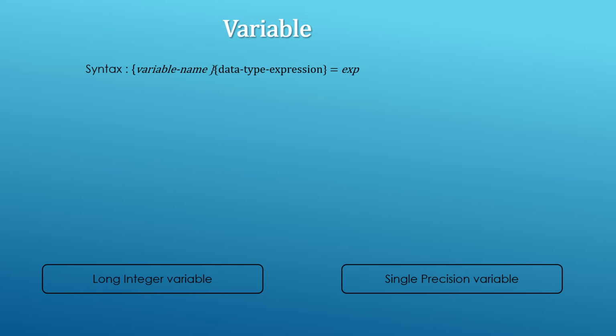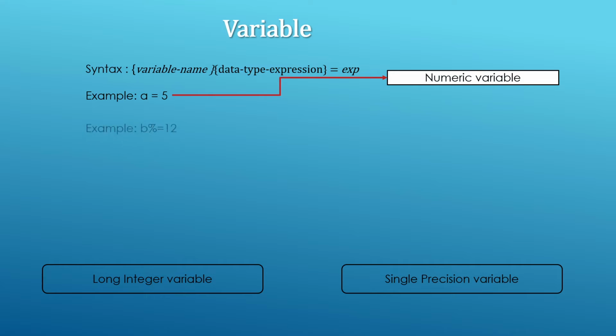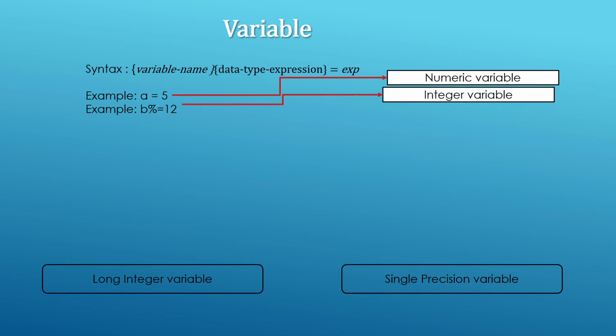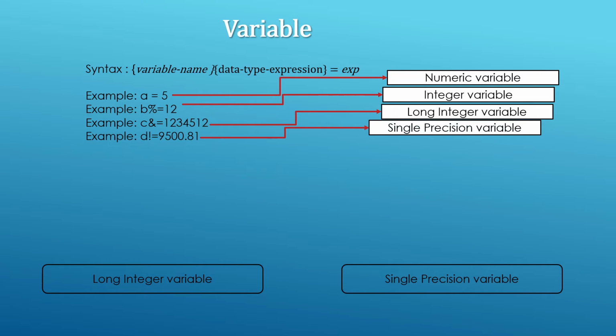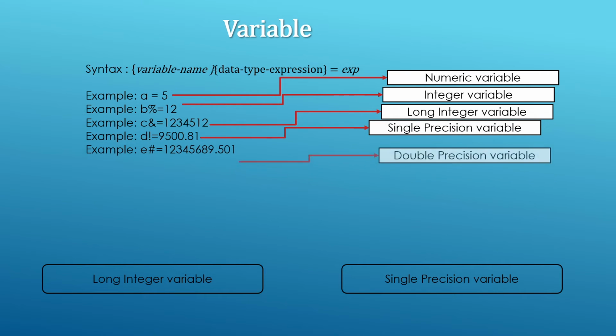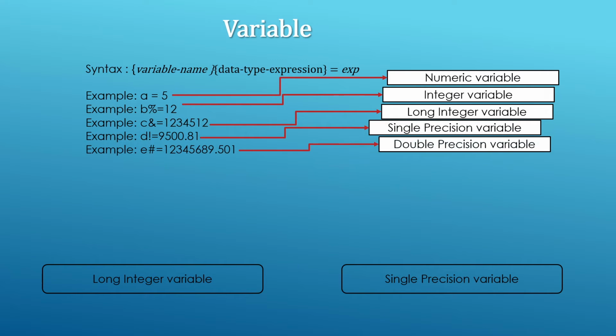The variable must be declared with the variable name and the data type and with the value. You can see the example of this variable. The first one is the numeric variable, the second one is the integer variable, the third one is the long integer variable, then the single precision variable, and next the double precision variable.